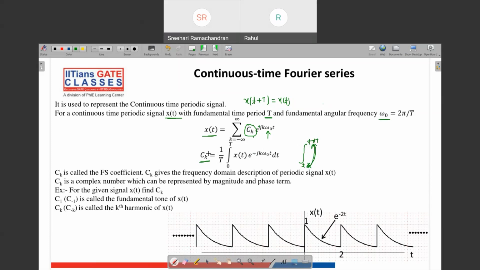Now here the c of k is generally a complex number, which means that it will have a real part and an imaginary part. If you put different values of k, you'll get different values of the Fourier coefficient. The first terms, c of 1 and c of minus 1, we call the fundamental tone of x(t), the fundamental term.